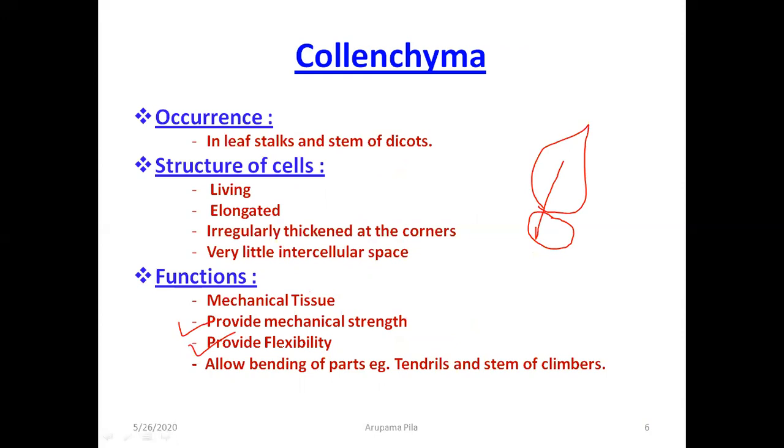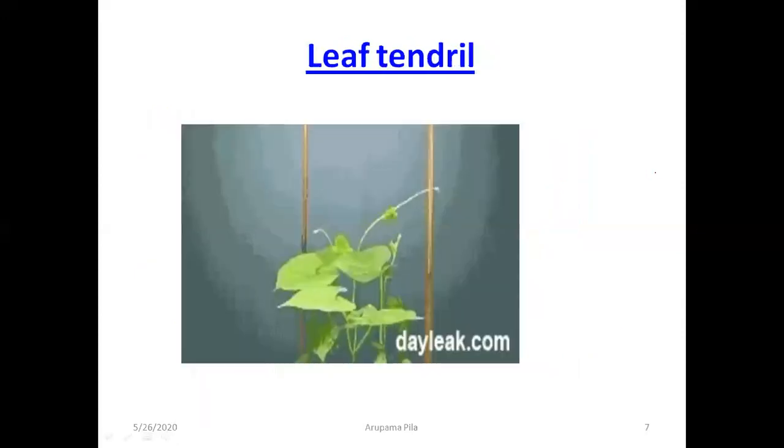Because of this flexibility, any part of the plant can bend in any direction and not break. So it allows bending like tendrils and stem of climbers. You have seen climbers like money plants, and tendrils also you have seen. So here I will show you a tendril.